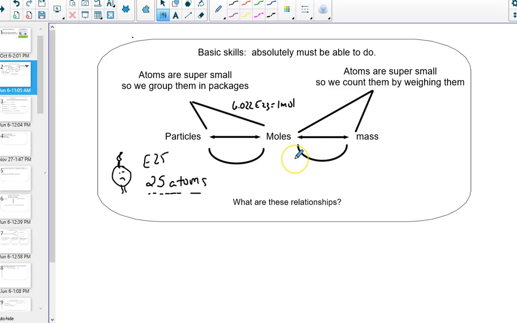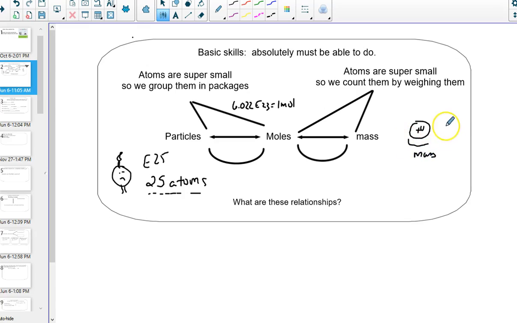And then, of course, every atom has a different composition of the nucleus, or different elements. So we have a nucleus that contains a certain number of protons and a certain number of neutrons. So these things have different masses.